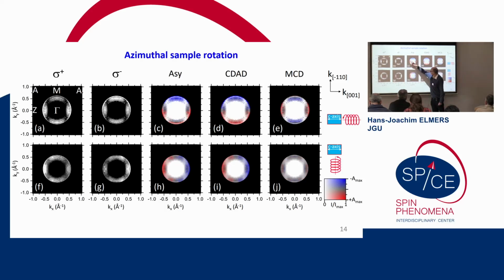And what we do see here is this asymmetry, which we then decompose in the anti-symmetric circular dichroism in the angular distribution, and then we finally also detect this magnetic circular dichroism that you can see here. So also for this sample, we observe a magnetic circular dichroism here, which clearly shows up.